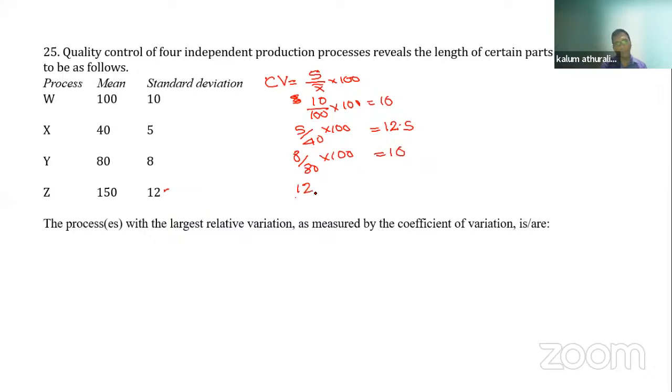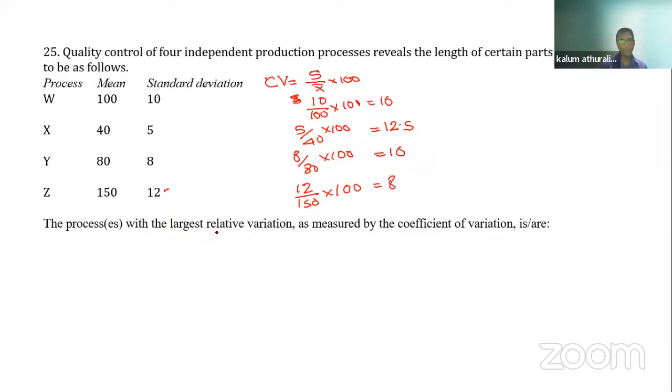Last one. 12 divided by 150 times 100. It is 8.